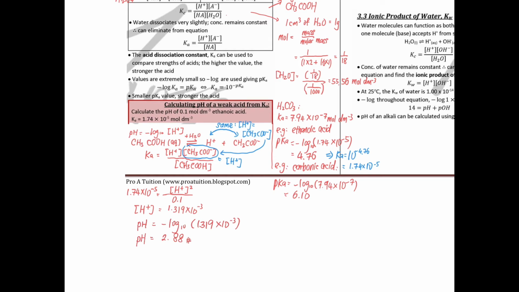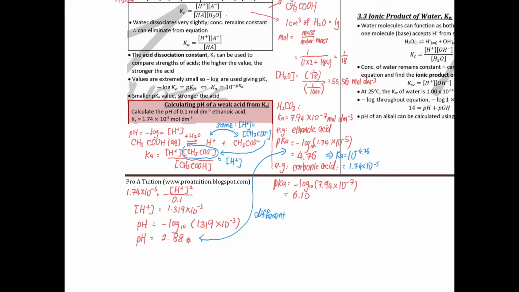So that's why I said pH and pKa are different values. Although the idea of getting the formula is the same, they are not the same in value. You see, pKa we get 4.76 for ethanoic acid, but pH we get 2.88.